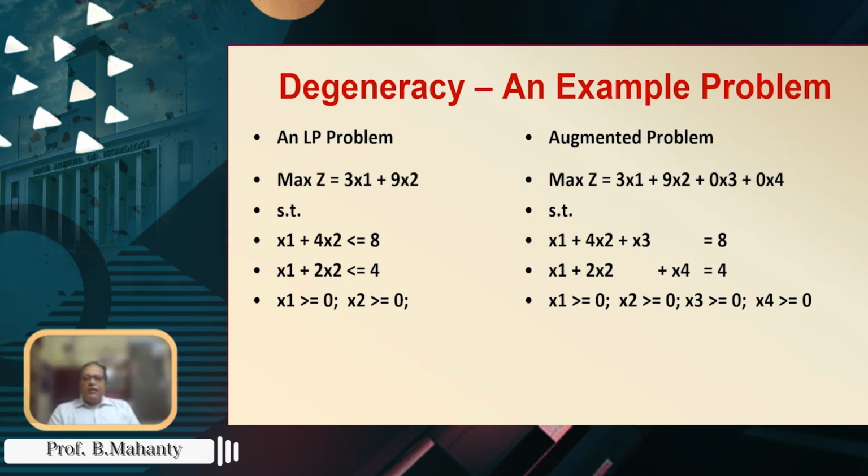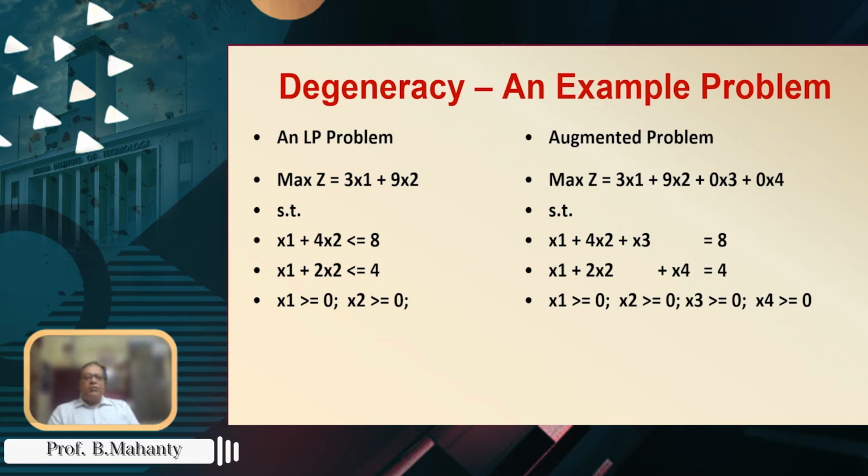So here is a linear programming problem that we have taken, and in that linear programming problem there are two variables. Maximize z equal to 3x1 plus 9x2 subject to x1 plus 4x2 less than equal to 8, x1 plus 2x2 less than equal to 4, and x1 and x2 both greater than equal to 0.